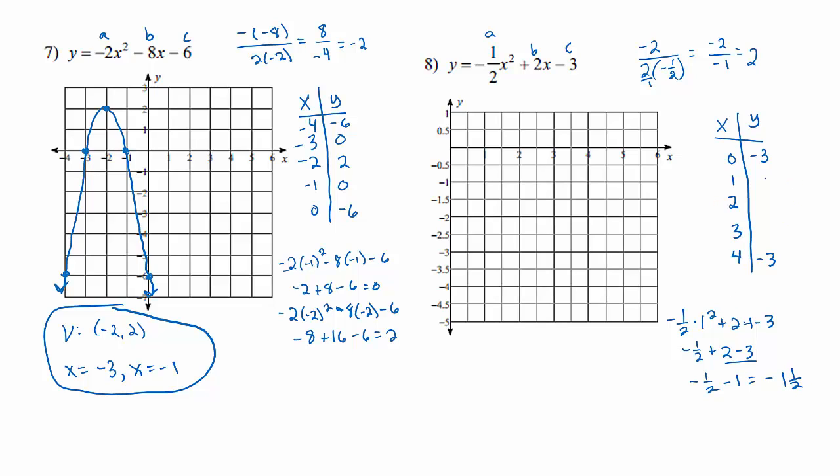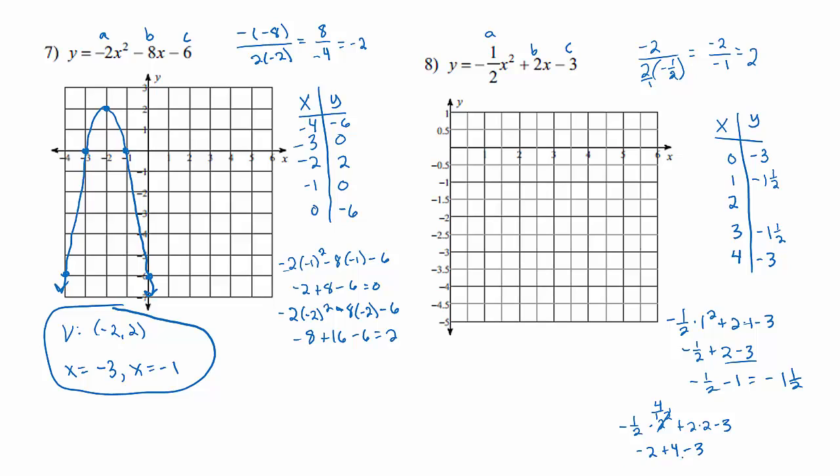And we're going to plug in 2, which will actually be a little easier because we'll be able to cancel out our fraction. So this is 2 squared, which is 4. 4 times -1/2 is -2. -2 plus 4 is 2, minus 3 is -1.